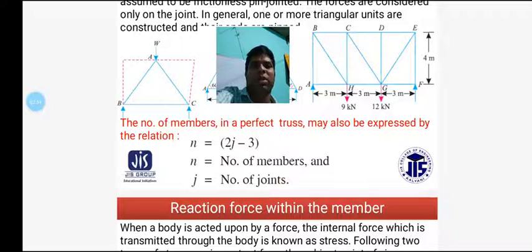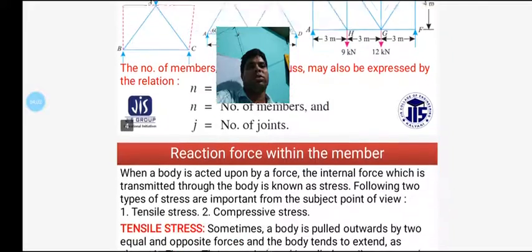So the number of members in a perfect truss may also be expressed by the relation n is equal to 2j minus 3, where n is equal to the number of members and j is equal to the number of joints.